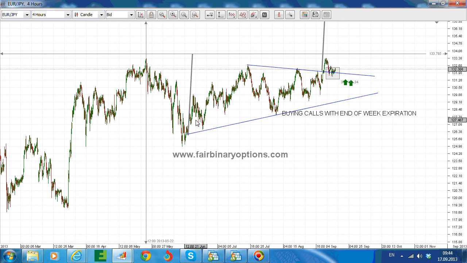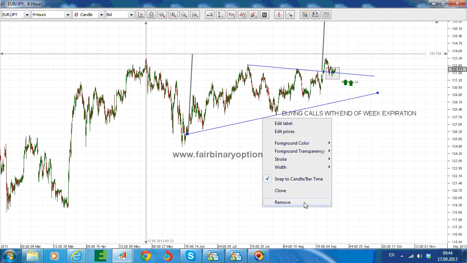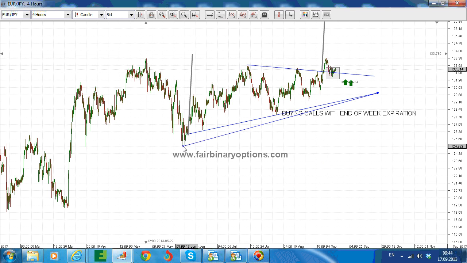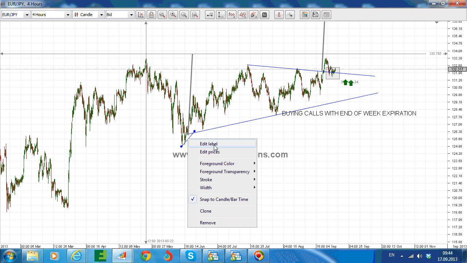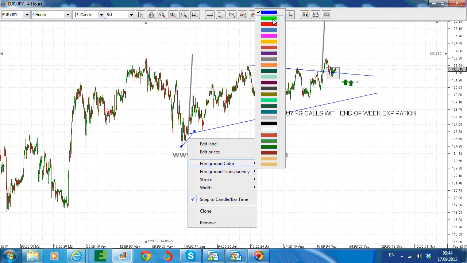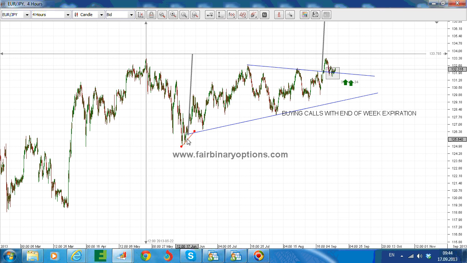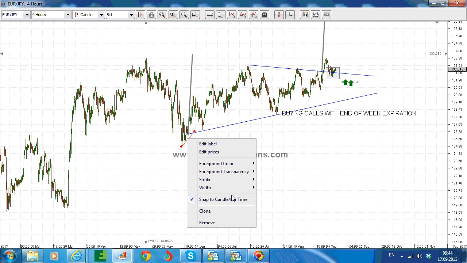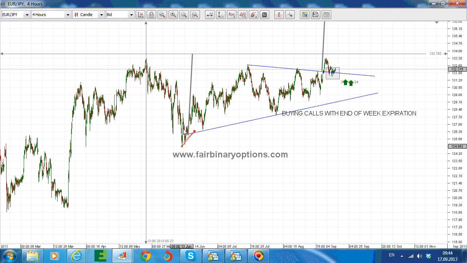Now you might wonder why we look at the first wave here to end here. It is because of a lower degree. If you take a look at a lower degree, let me clone this line, here we have a contracting triangle of a lower degree, and that means the first wave of the triangle there, let me change the color, has actually been a corrective wave, most likely a double or triple combination.